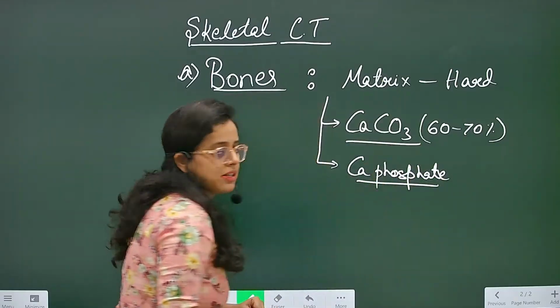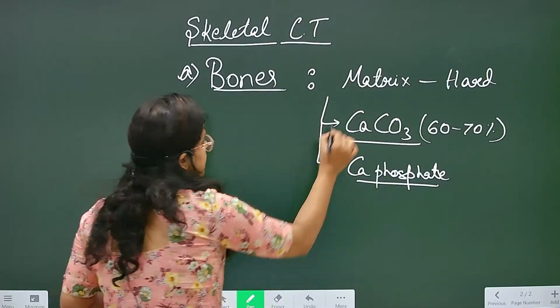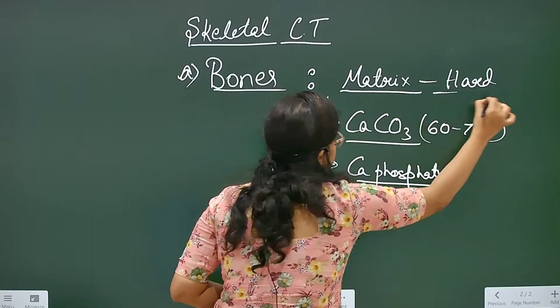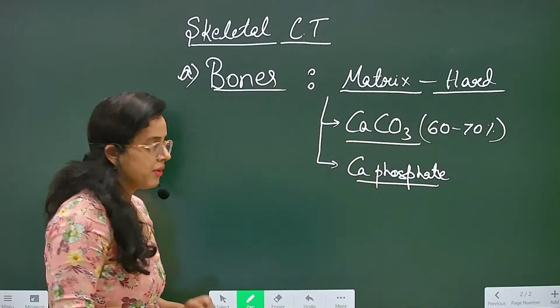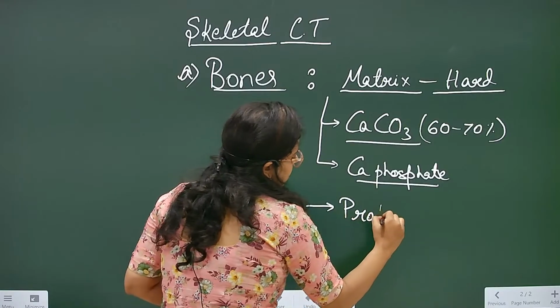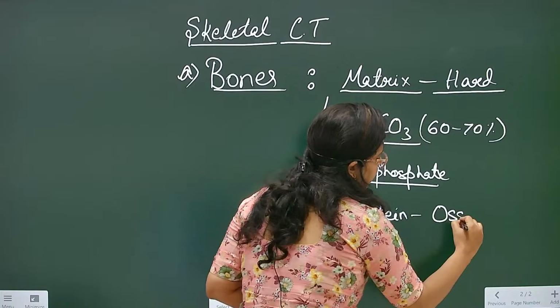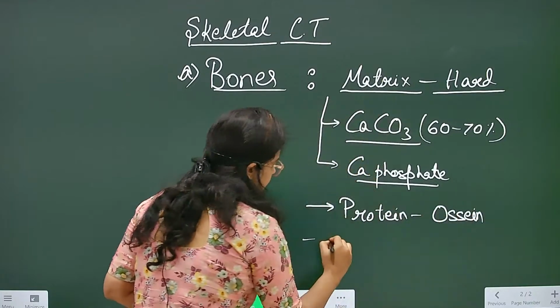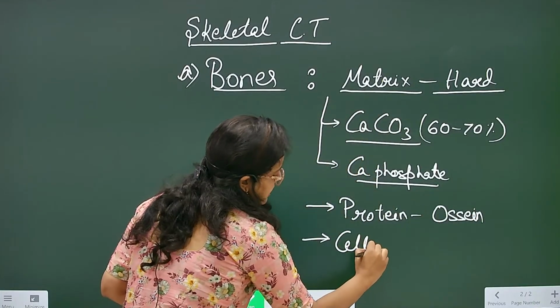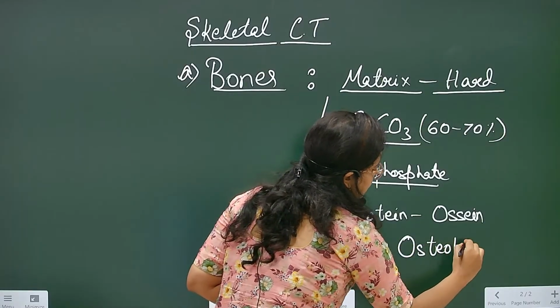Okay, phosphorus, calcium, carbonate, all these are present in the matrix. As a result, the matrix is very hard. Okay, other than that, the bones have protein. Okay, they have cells which are called osteoblast cells.